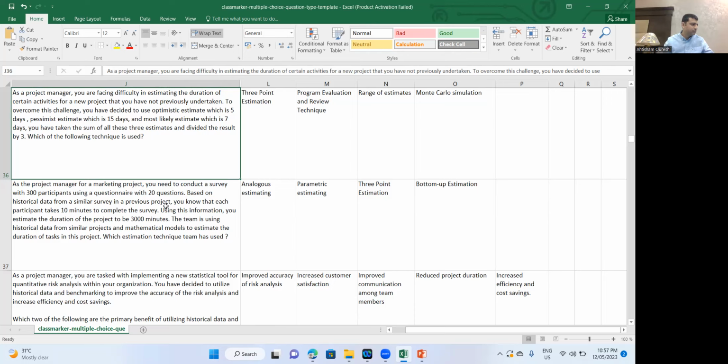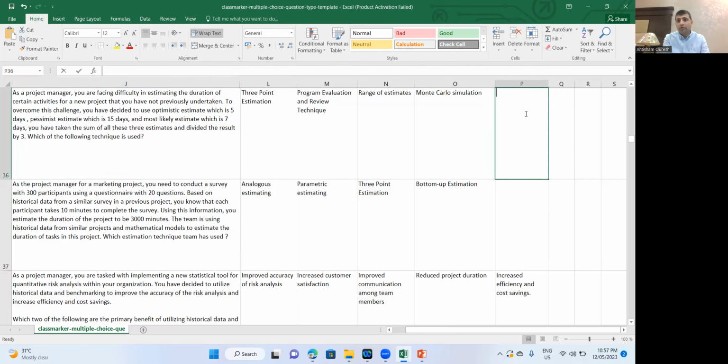So this is a 3-point estimate. Divide by 3, 3-point. True. Yes. Then what is program evaluation and review technique? So you said divide by 3.